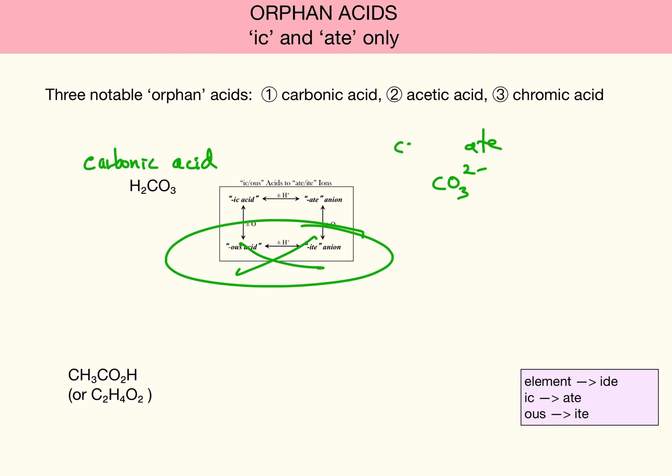So it's going to be carbonate. You might have even heard of carbonated water before. Notice that there are no other family members but these 2. How do you know if something has a normal family or an extended family or they're orphans? That too is memory. So you'll need to put these 3 to memory.